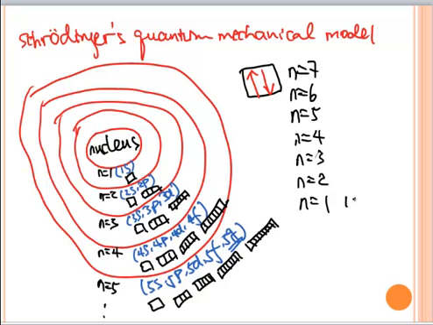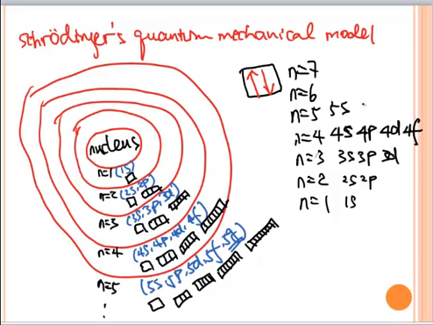So this one will have 1s, 2s, 2p, 3s, 3p, 3d, 4s, 4p, 4d, 4f, 5s, 5p, 5d, 5f, 5g, and the list goes on.